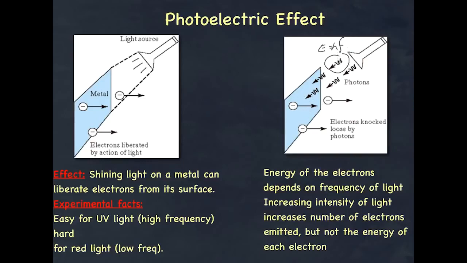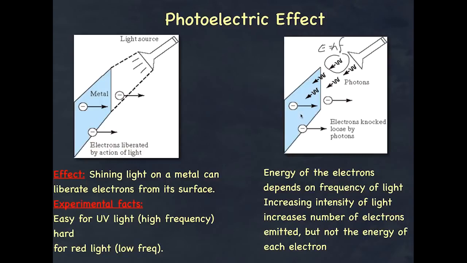If the frequency is lower, then any leftover energy will be less, and the electron's energy will be lower as well. And in fact, if the electron is bound by the metal to such a degree that this energy isn't enough for it to be released, then no electron is released at all.